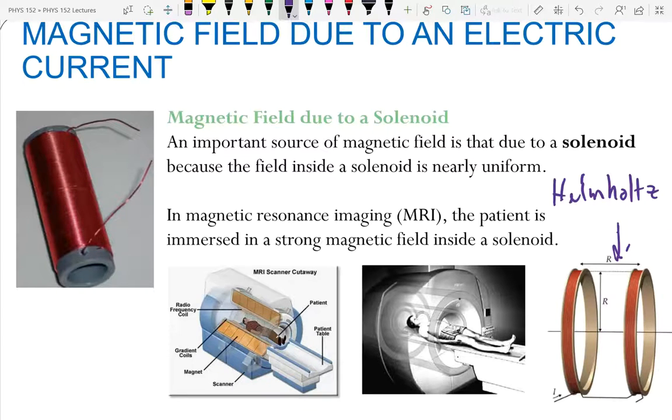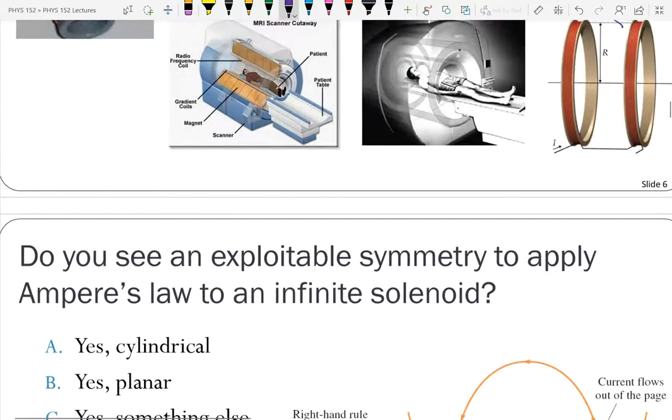What's the point of the Helmholtz coil? It gives you a very uniform magnetic field in the center, just like you would with a continuous coil, but you have that gap. So it's a simpler way of making the strong magnetic field that allows you to reach in, have stuff going in there.